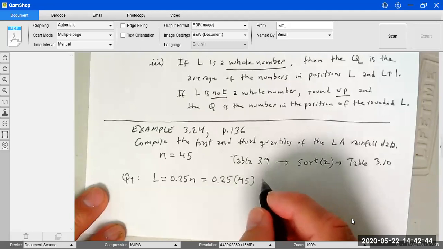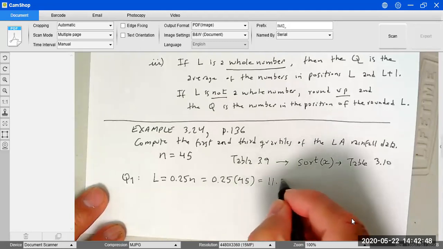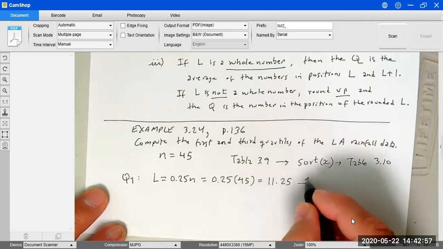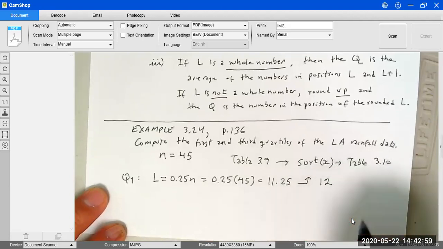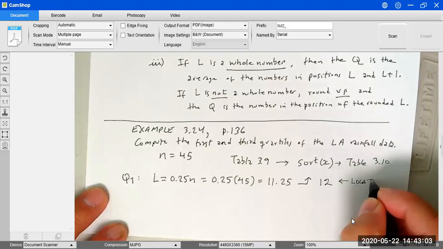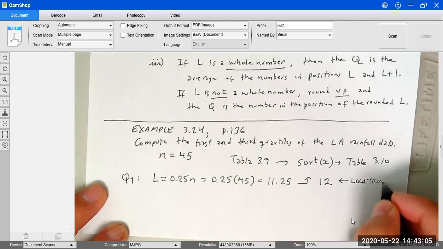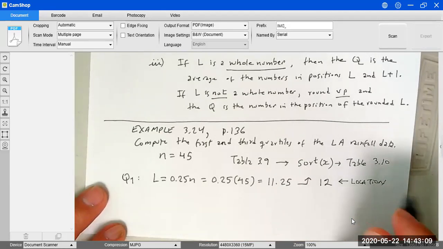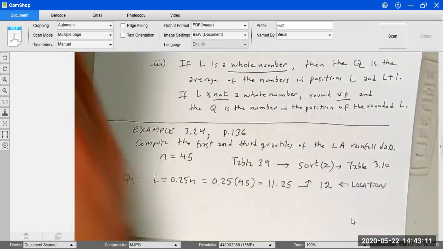If we use a simple calculator, we find 11.25. This is not a whole number, it has an integer part and a decimal part. So we need to round up, and it's going to be 12. This is the location where you're going to find a value. The value that you find in this position is going to be your first quartile.